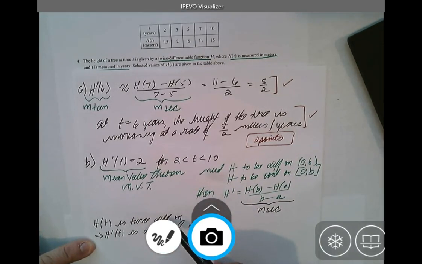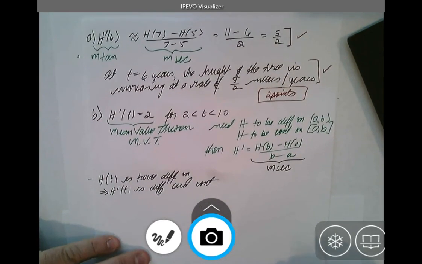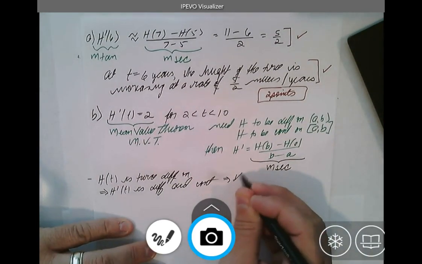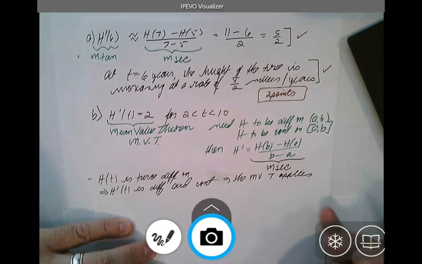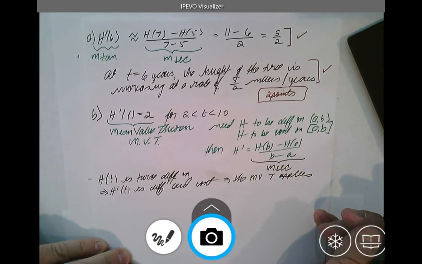You can only be twice differentiable if you are differentiable, and then you also have to be continuous if you're differentiable, which implies that the MVT applies. That has to be true.